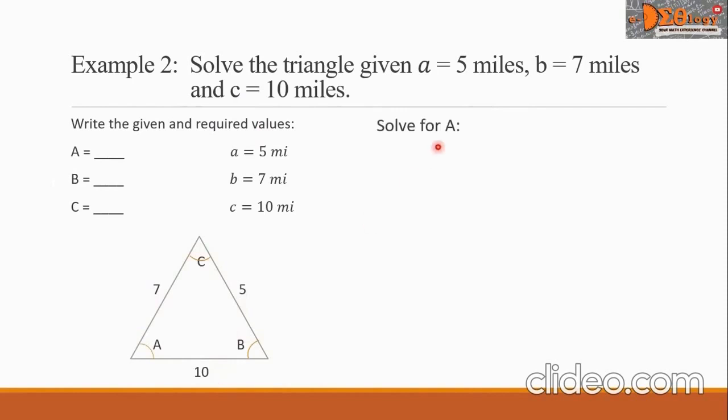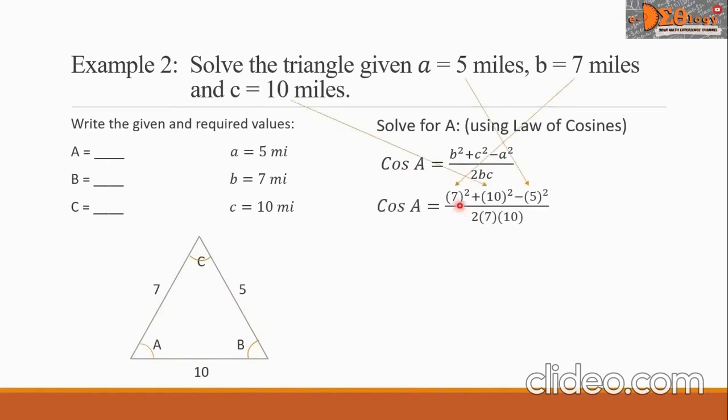Let us solve for A using the law of cosines. The formula is cosine A equals B square plus C square minus A square all over 2BC. Substituting the values, we have 7 square plus 10 square minus 5 square all over 2 times 7 times 10.